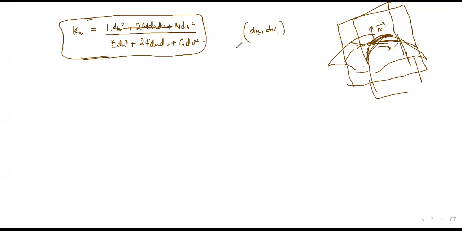So at every point we can evaluate e f g. L m n would be numbers because these are dot products of the partial derivatives at a point. So here r(u,v) is a point where I am taking these principal sections.